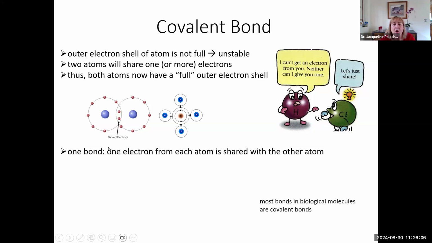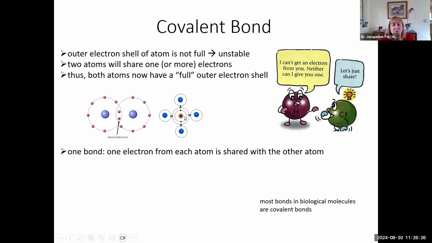So they can share where there's just one bond, where one electron from each atom will be shared with the other atom. So this is showing where each of these atoms had 7 electrons in this outer shell. So they are both sharing one electron, so now they would have 8 in their outer shell.